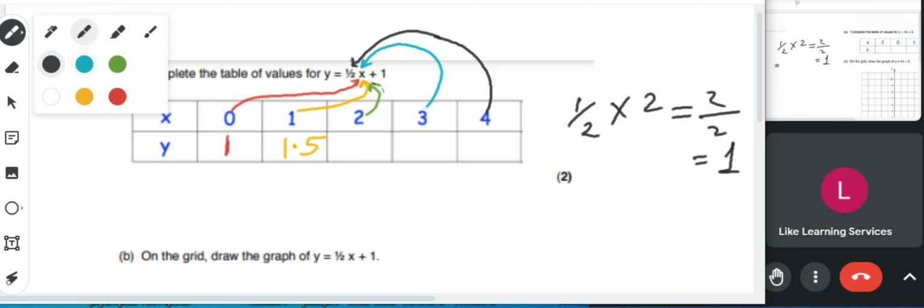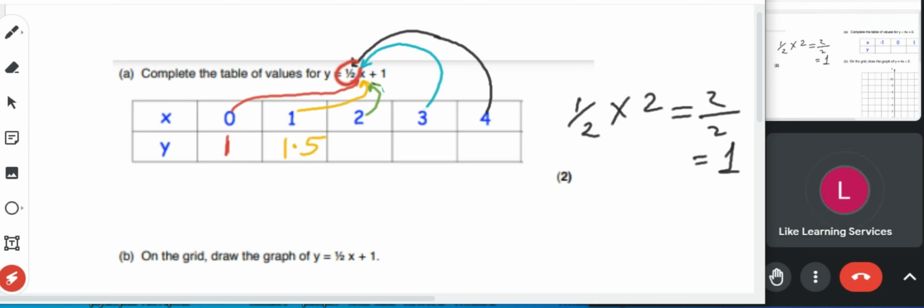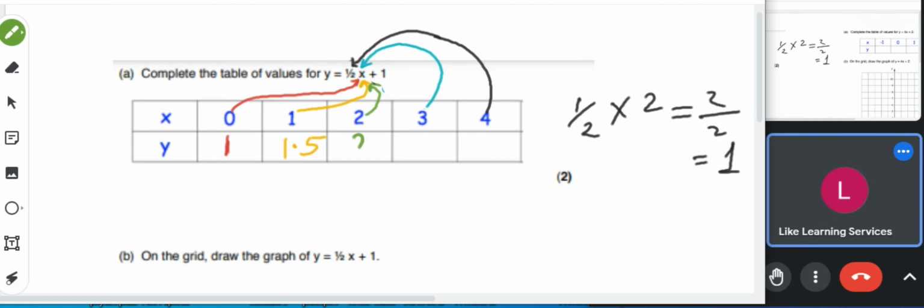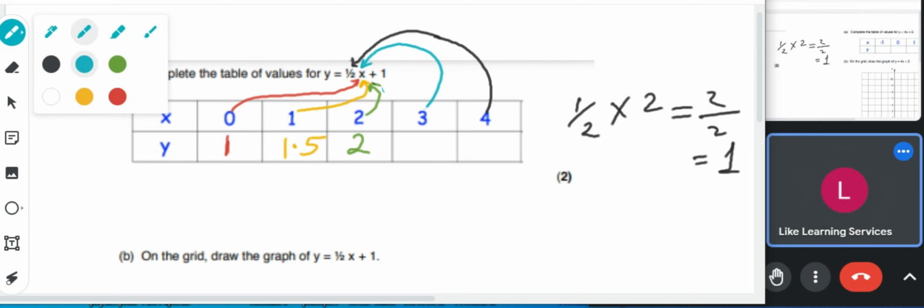The final answer for this one, the green one, is 2, because half times 2 is 1, then plus 1 is 2. That's correct. The next is 2.5: half times 3 is 1.5, plus 1, that's 2.5.